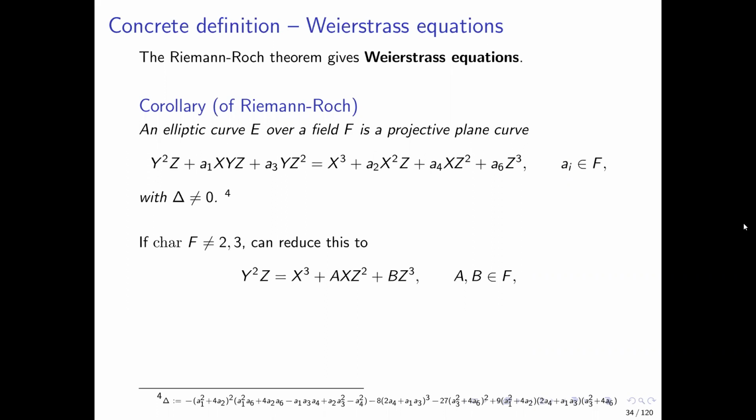If the characteristic of your field is not 2 or 3, you can complete the square. You can erase these two terms and move things to the other side, and you get y squared z equals some huge thing. If it's not 3, you can complete the cube, and then you can erase this term.